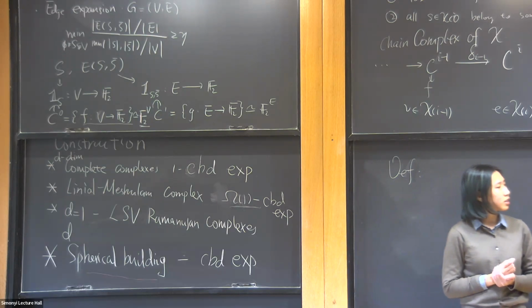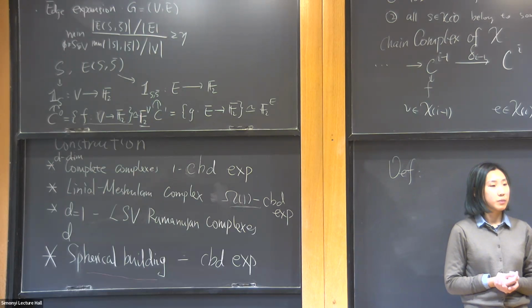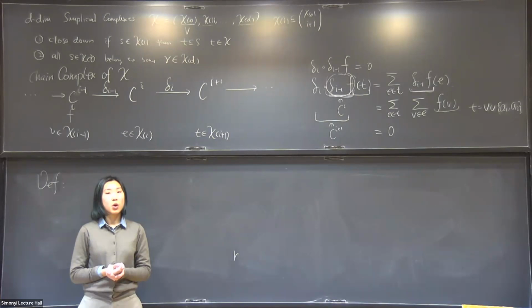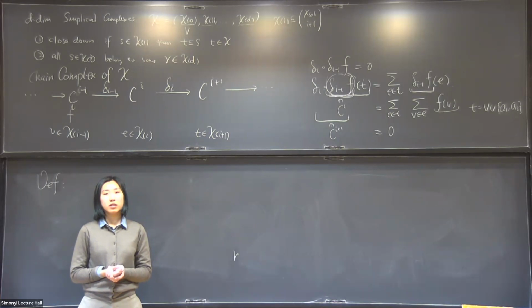I'm not sure. I thought it was the opposite way. We know how to construct spectral expanders which are sparse in any dimension. I see. And we don't know this for coboundary expanders. Right, so that's a weaker definition in a sense. We know it's not true. You can construct a very good high dimensional spectral expander which is not. Yeah. Okay.